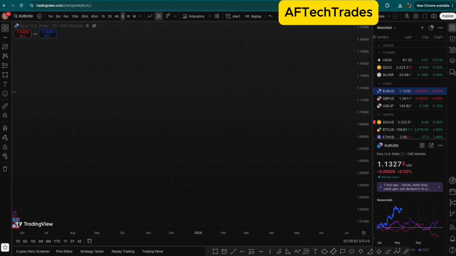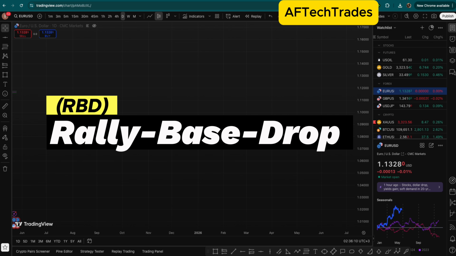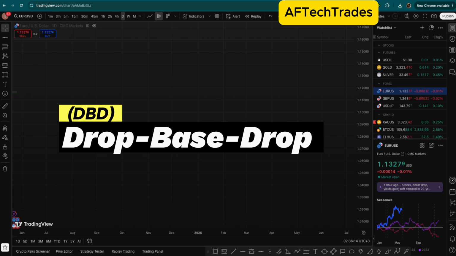So now, there's a pattern called the drop base rally, and also the rally base drop, and we have four of them: the drop base rally, the rally base drop, the drop base drop, and the rally base rally.